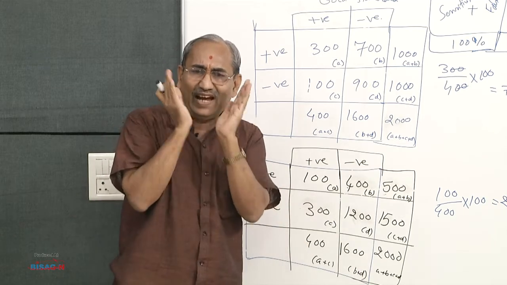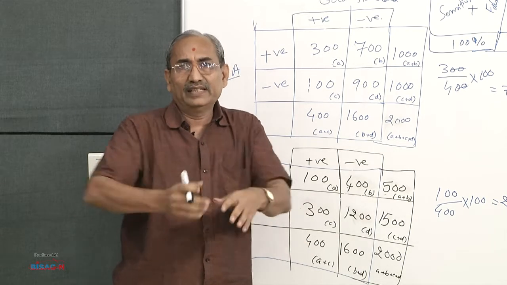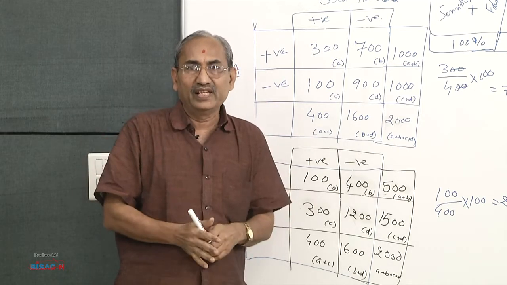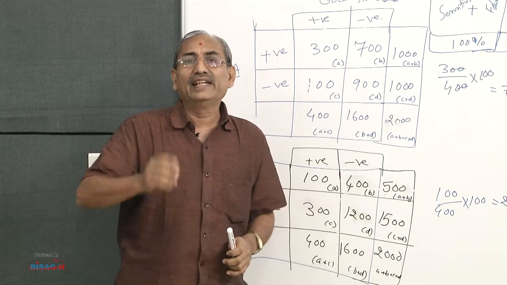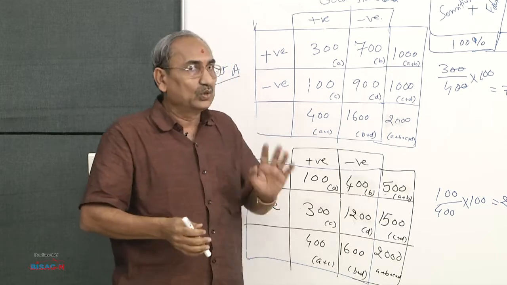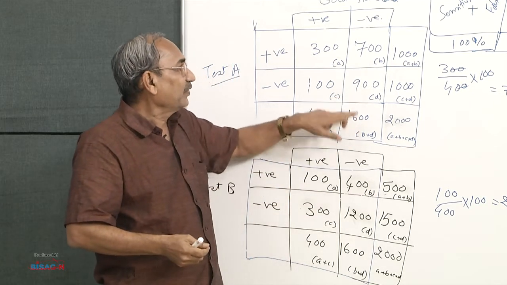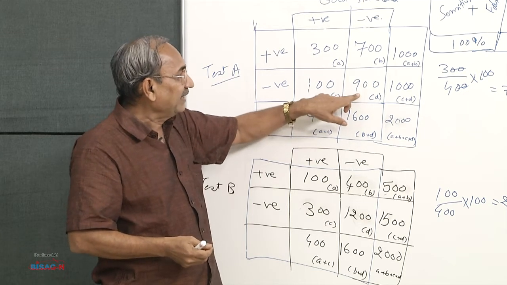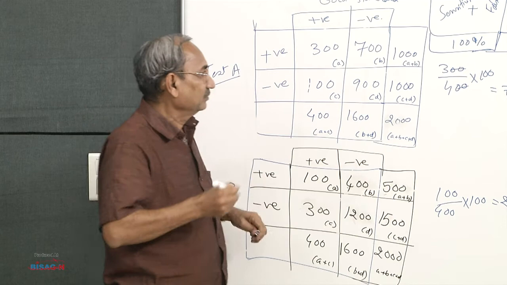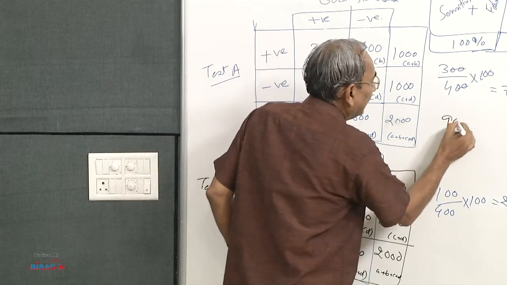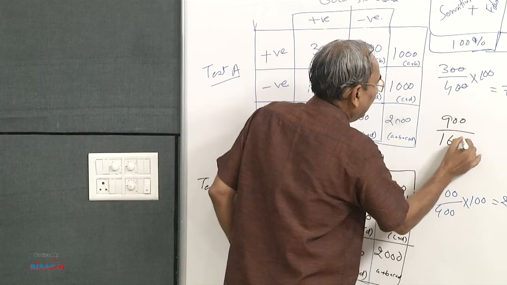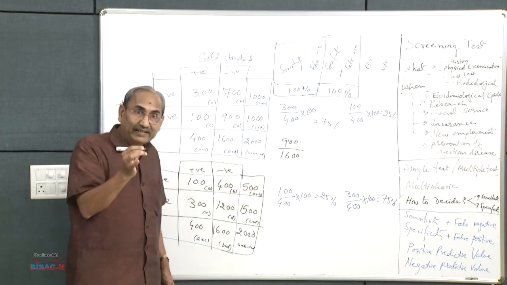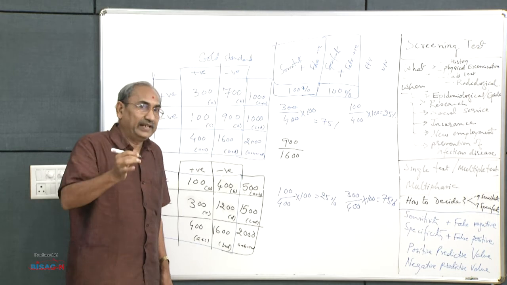Specific means it will find only if it is there. If a test is 100% specific, then it will always detect only if it is there. So this test was able to find 900 out of 1600, which is the ability of a test to find negative out of total negative.